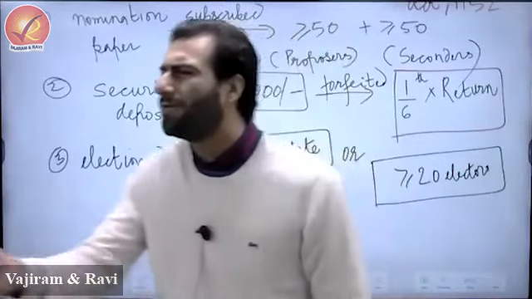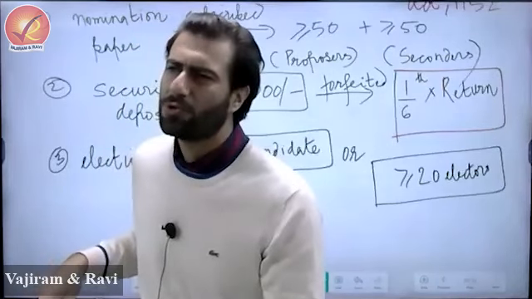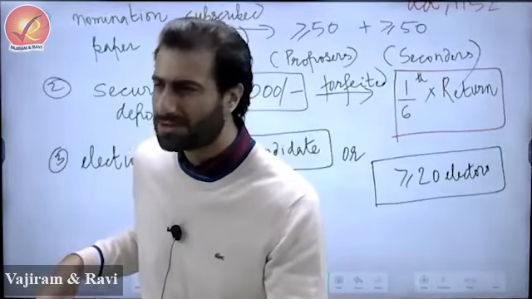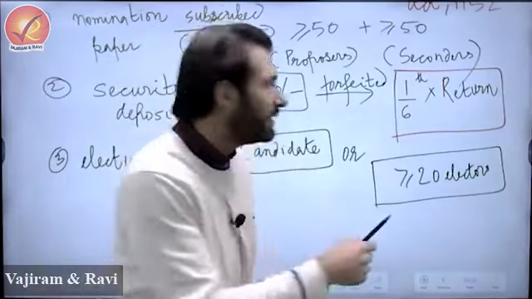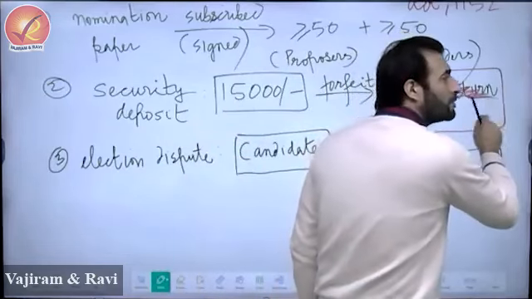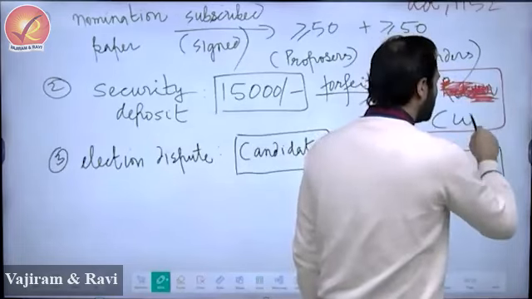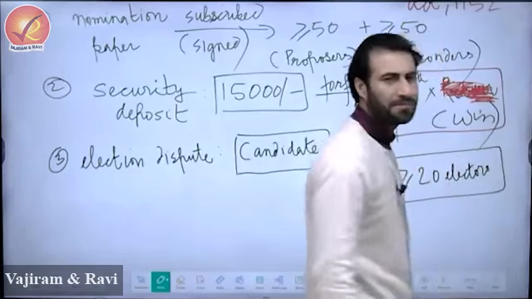Second is simple, 15,000 rupees you have to deposit, and then there's a least number of votes you have to get to save the security amount. I wrote return here. Return is a term in polity which we write. You'd study about returning officer. Return, don't get stuck. Return simply means win.